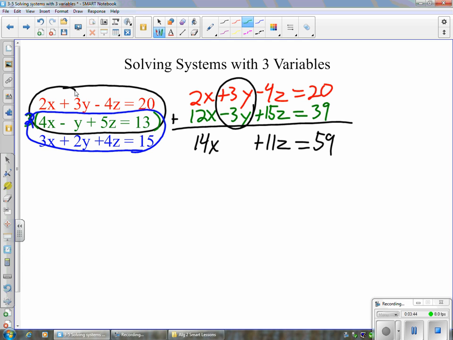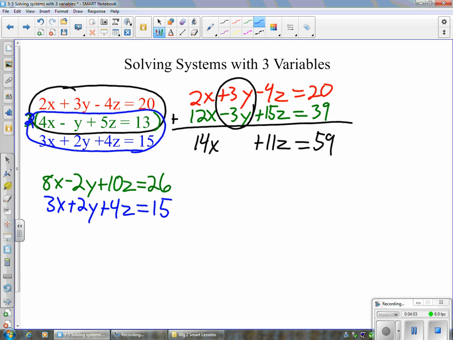Multiplying everything times 2, I'll have 8x minus 2y plus 10z equals 26. And then that should eliminate with my blue equation, which is 3x plus 2y plus 4z equals 15.